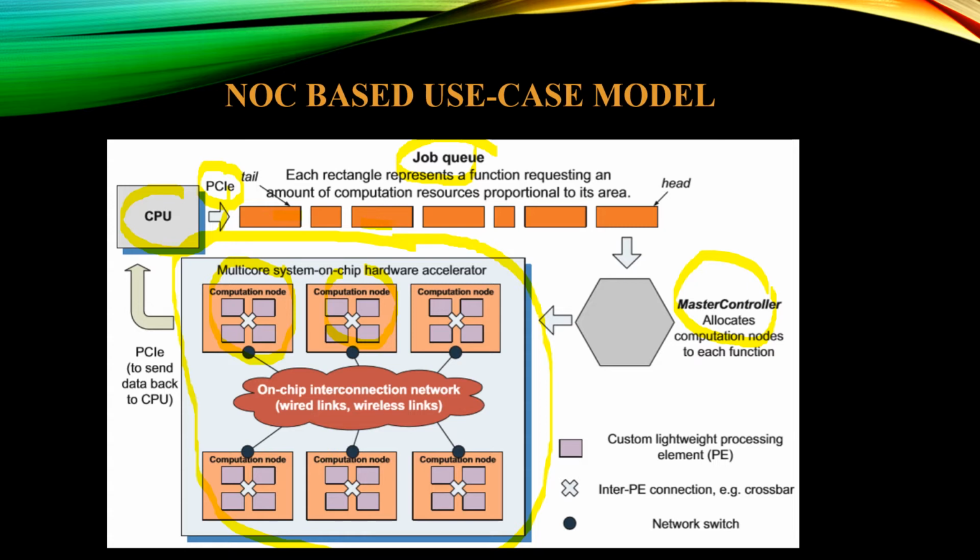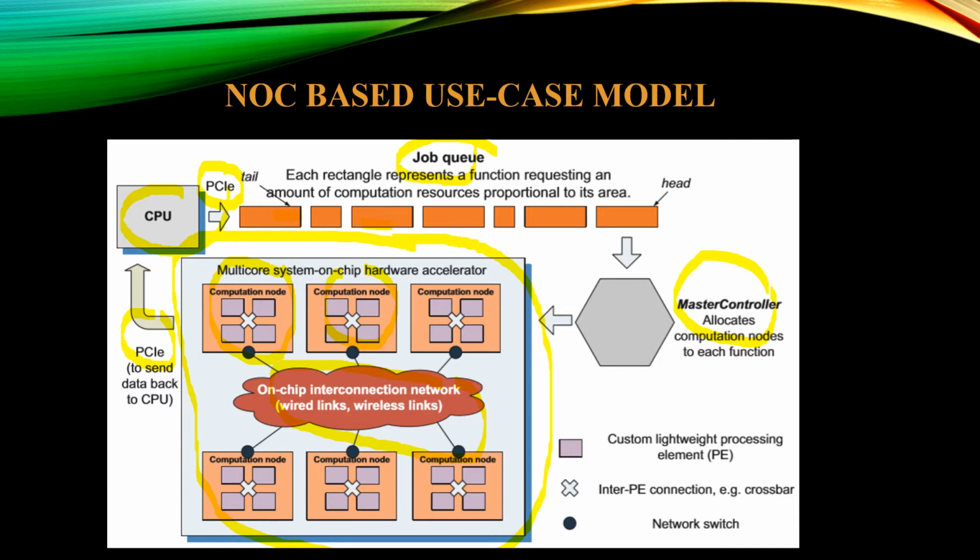Each computational node is connected to one another using either wired or wireless links. If the computational nodes are assigned to a job, they stay busy until the execution of that particular job, and then the result is sent back to the CPU via a similar interface. Here the same interface, PCI, is used.